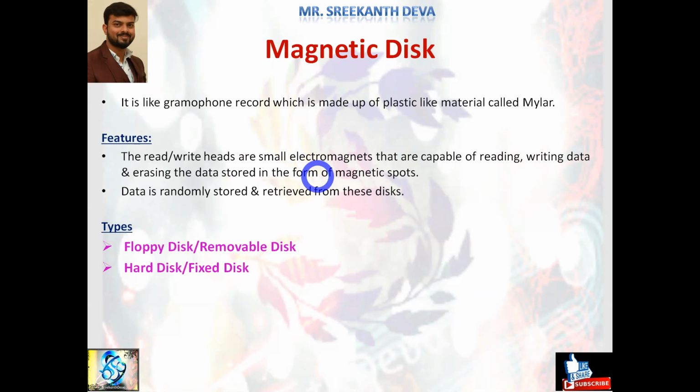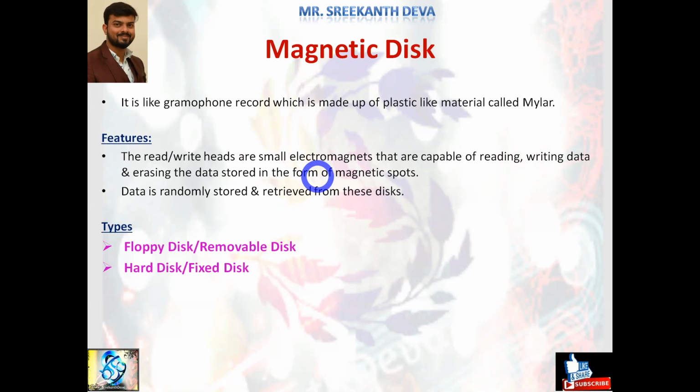Before storing the data, first you need to format it. Tracks are concentric circles and sectors are the portions created by dividing the disk into a number of portions. These sectors are often grouped into clusters.